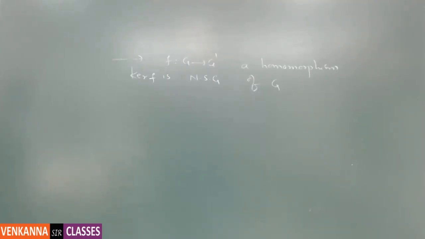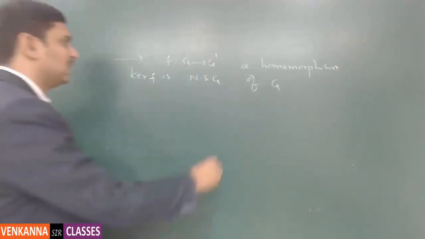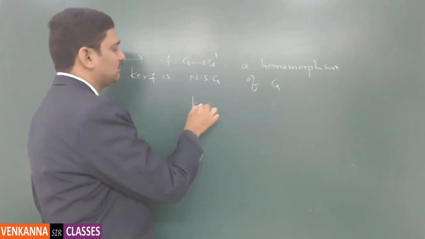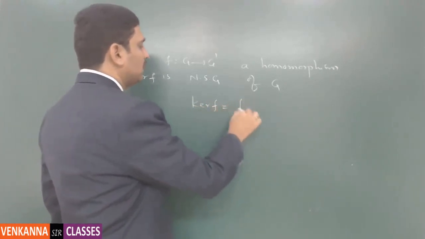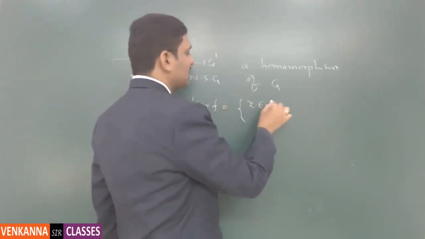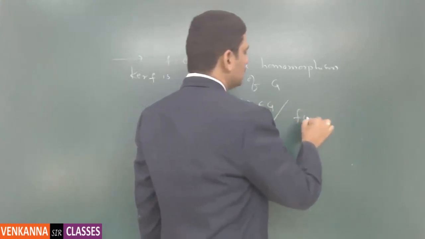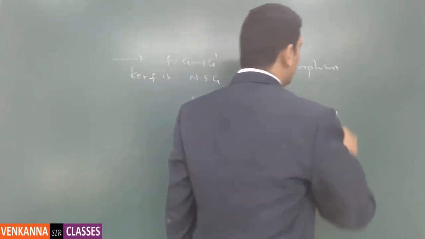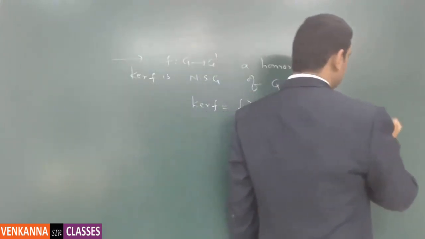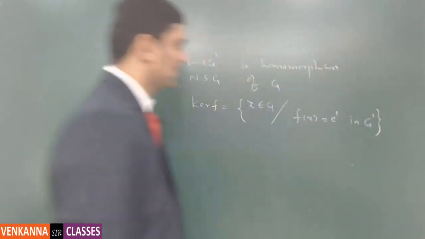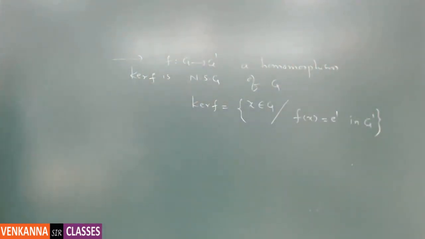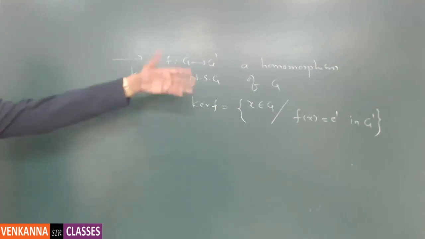Now how to prove this? First of all, I will read the definition of the kernel. It is defined as the set of all x belongs to G such that f of x is equal to identity in the codomain. So while proving the result, you know the hierarchy.